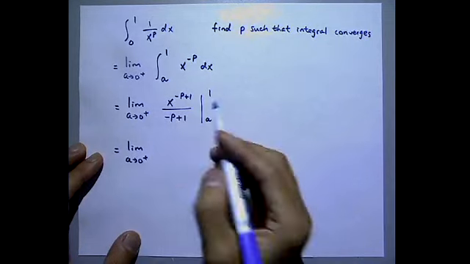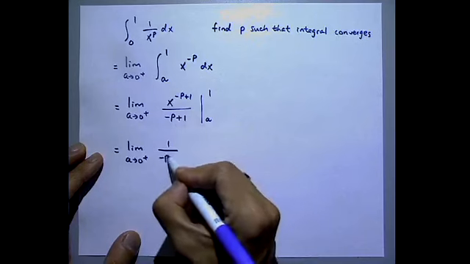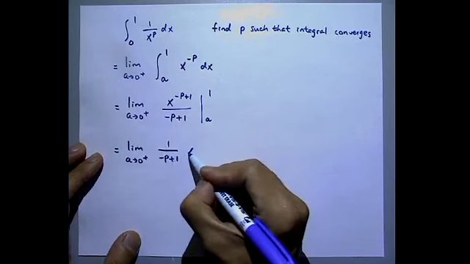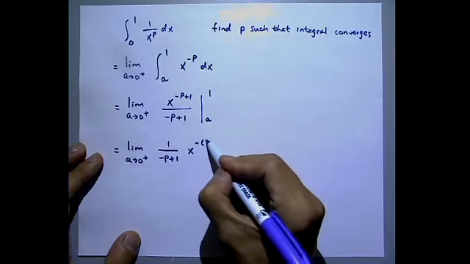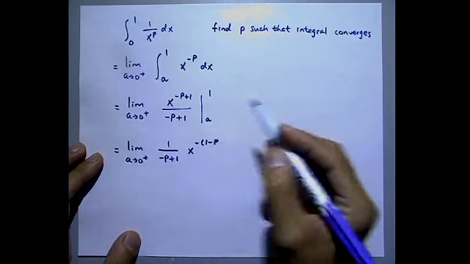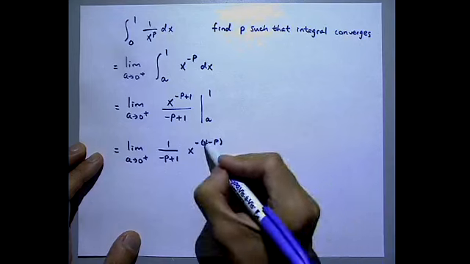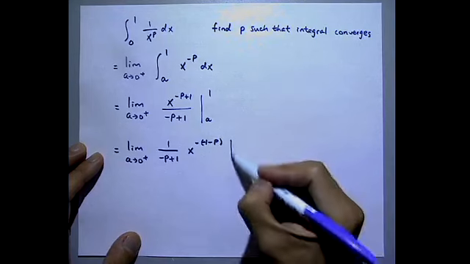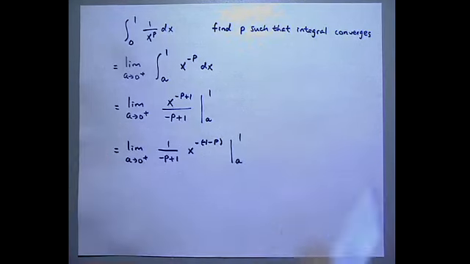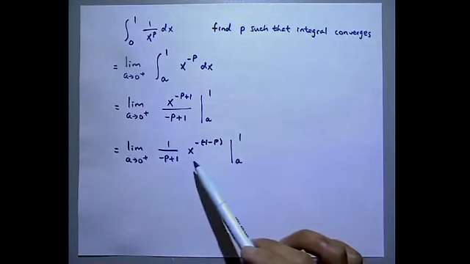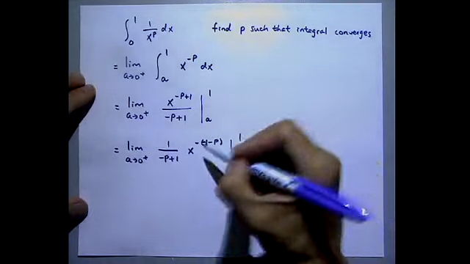And I'm going to rewrite this a little bit. That's a negative. So for x to the minus p plus 1, I'm writing it as x to the, no, that's not right.